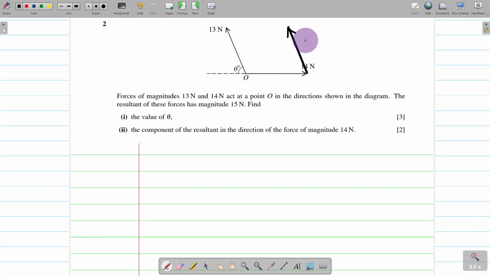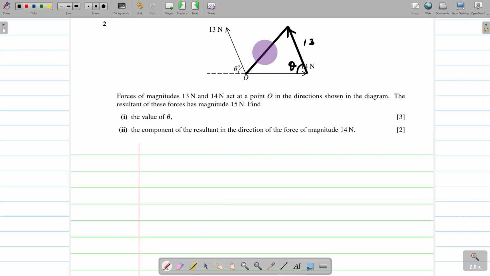So this is 13. This angle theta has come here. So this is where theta now is. So I have successfully connected the two forces head to tail at this point. To get the resultant, I just need to draw a line from the first tail all the way to the last head there.